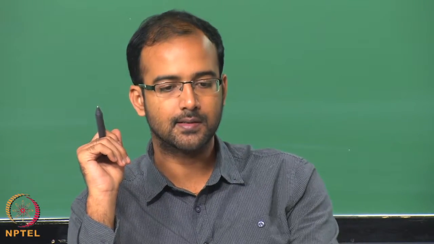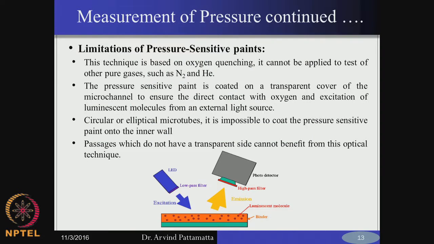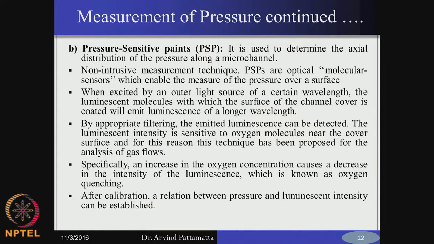Now you can record the actual variation in the intensity along the micro channel length. From that calibration you convert this back into pressure. So this is the method. Of course, this is not a very straightforward method.